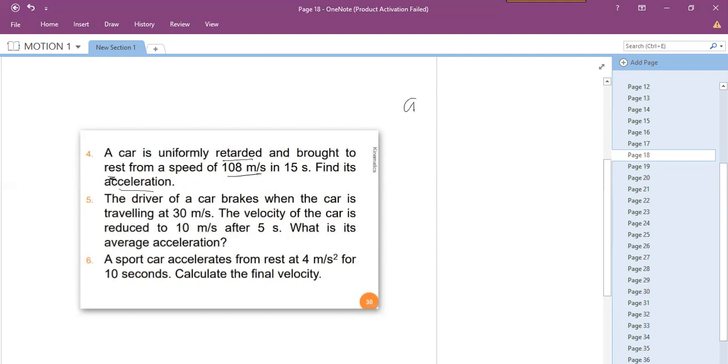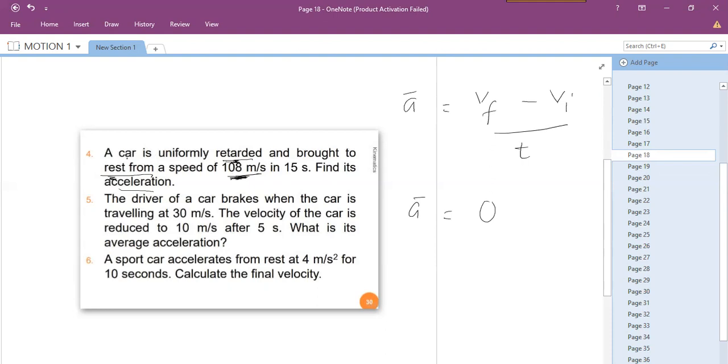So we say acceleration is final velocity minus initial velocity over time. Remember it's retarding, meaning the final velocity will be zero because the car is brought to rest. Let me read this question through again.